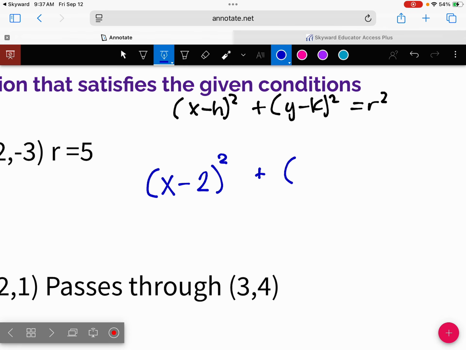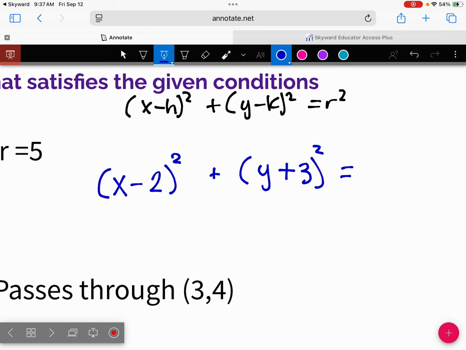And we're going to have our y plus 3. Y minus -3, double negative becomes a plus 3 squared. And it's going to equal what? 25, 5 squared. Ta-da! When they hand us the radius, it's not too terrible.